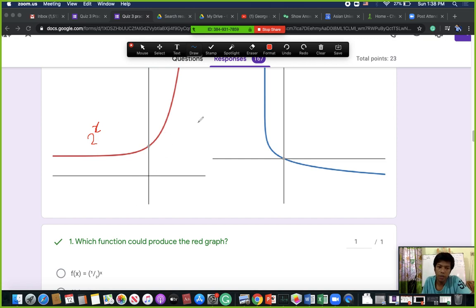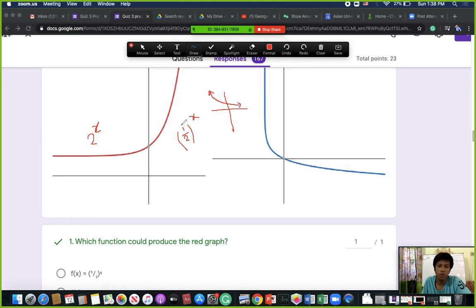Why not 1 by 2 to the power x plus 1, or 2 to the power minus x? Actually, the 1 by 2 to the power x graph is this one. The 1 by 2 to the power x graph is the opposite of this graph, which is this.